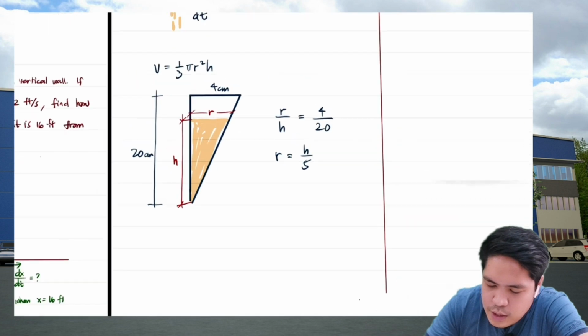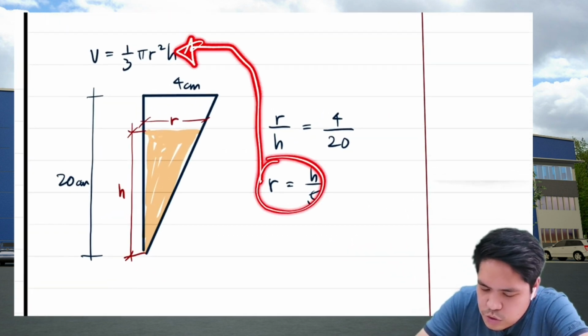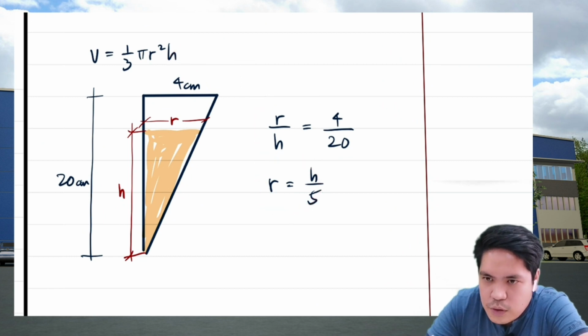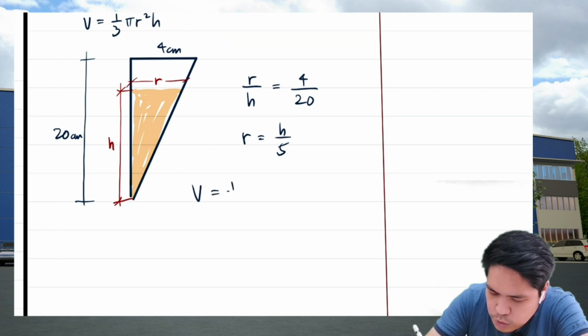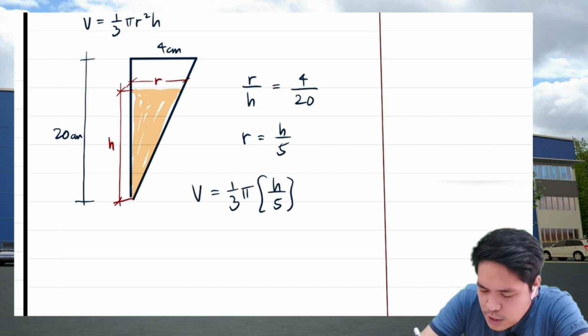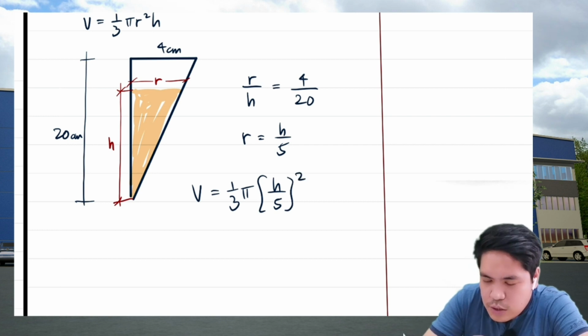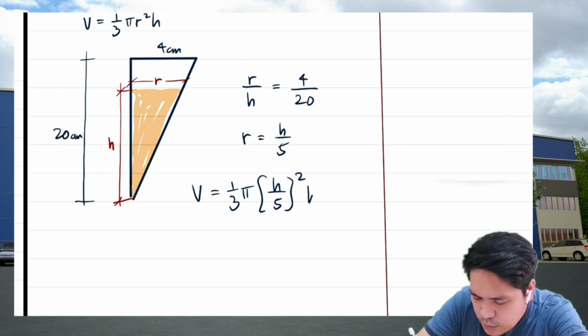So we can now substitute this value of r into the equation of the volume so that we have only one variable, h. If we do that, we'll have volume is equal to 1/3 pi times h over 5, that would be our r, squared, times h.